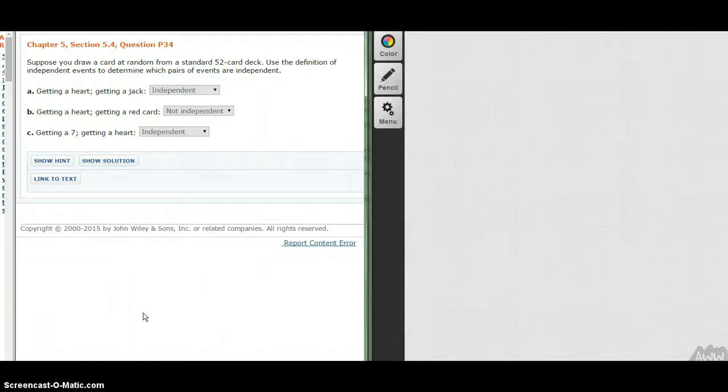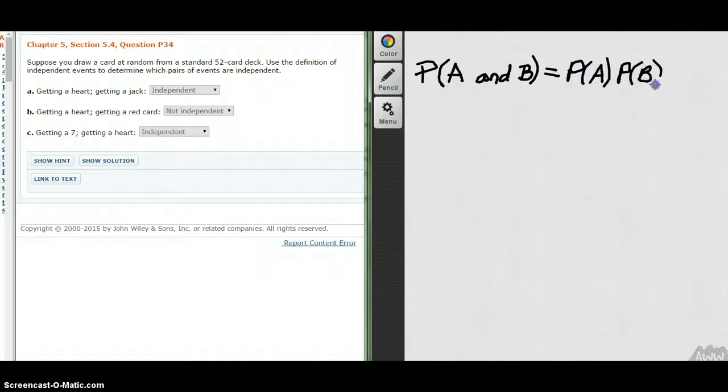So we need to take a look, and the formula that we're using here is the probability of A and B equal to the probability of A times the probability of B. Okay, if it is, then we have independent events.